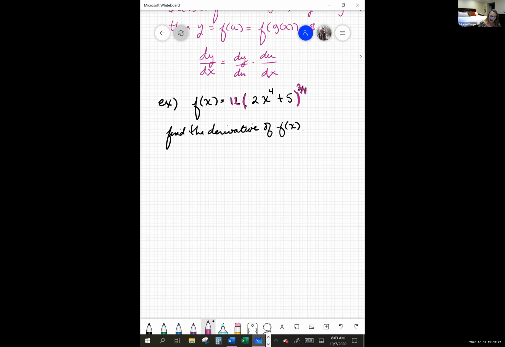So we could say that our outer function, if we were using this notation up here, is y equals f of u, which would equal 12 times u to the 3/4, where u is actually equal to the inside, the inner piece, which is 2x to the fourth plus 5.